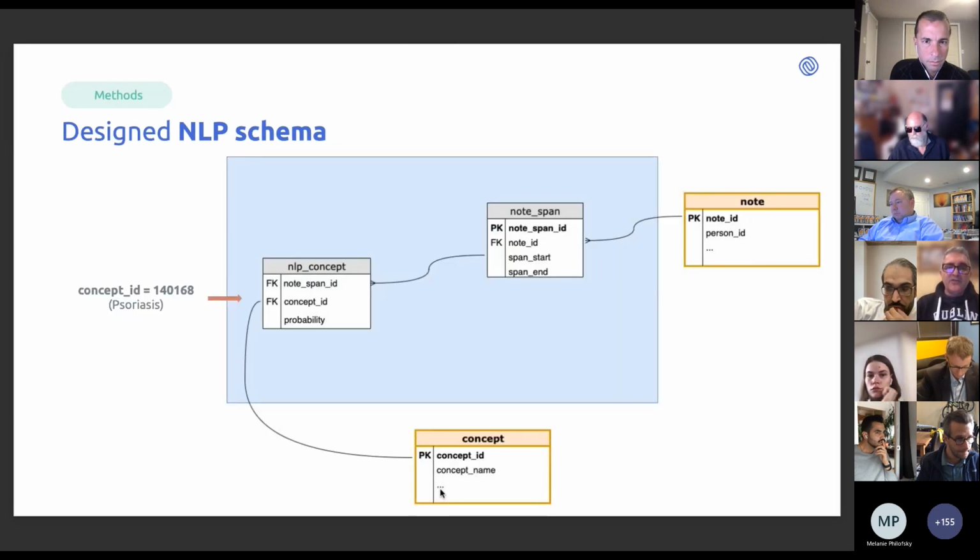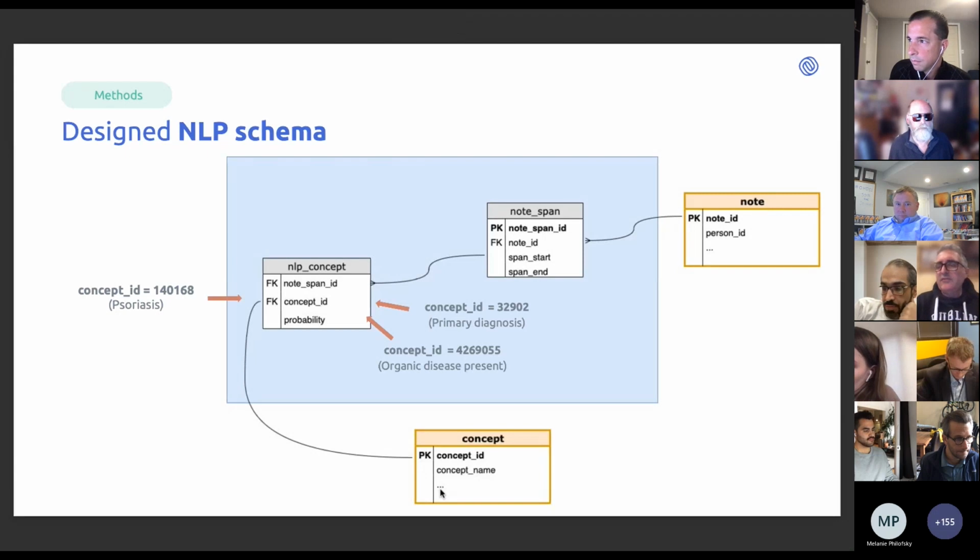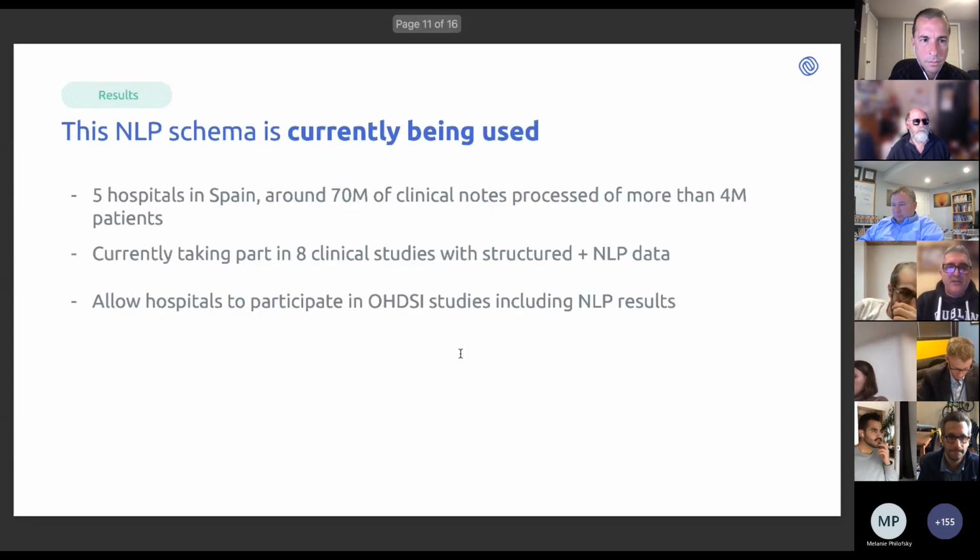So for example, we are able not only to capture that we detected a condition, psoriasis, in a clinical note, but also whether this was the primary diagnosis, or a reference to a history of psoriasis, or whether the disease is present at this moment. So we can capture much more information, and represent it in a way that can be queried easily, than with just the Note NLP table.